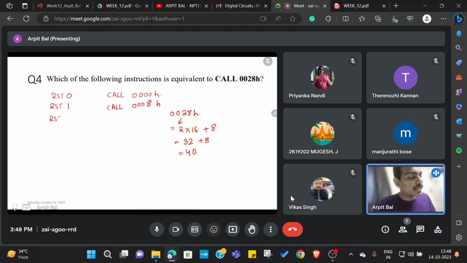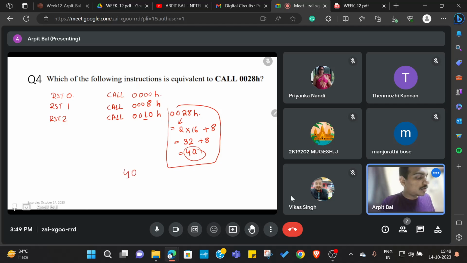RST2 is again at an offset of 8, so it will be 10 in hexadecimal, because 8 plus 8 is 16. Similarly, if this value is 40, it means an offset of 40 by 8, that is 5. So it is basically RST5. Which of the following instructions is equivalent to call 0028H? That is RST5.